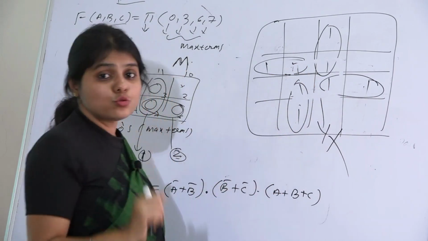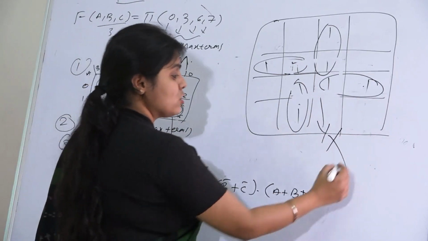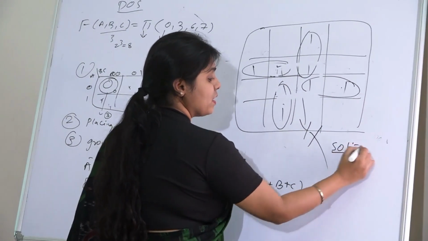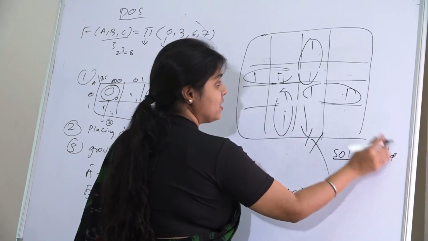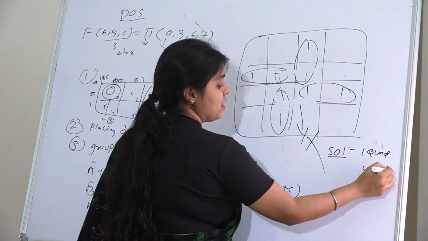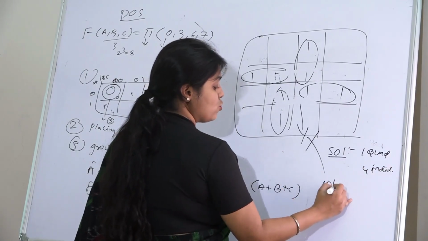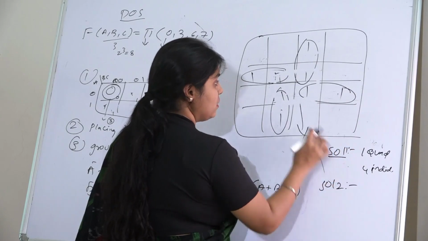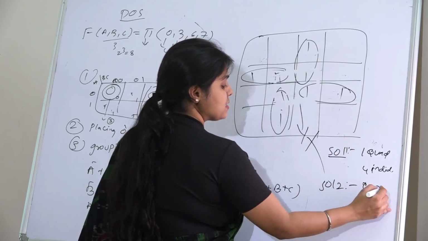Now, there would be two solutions for this. Solution 1 would be one quad with 4 individual elements. Solution 2 is 4 pairs.